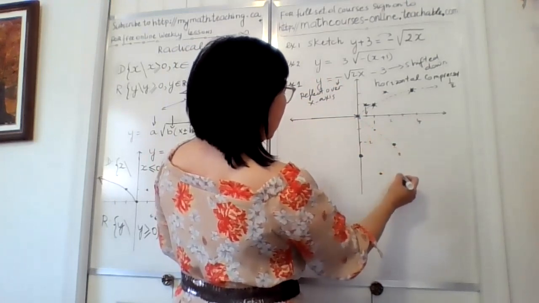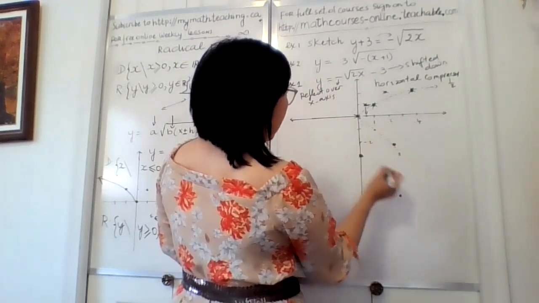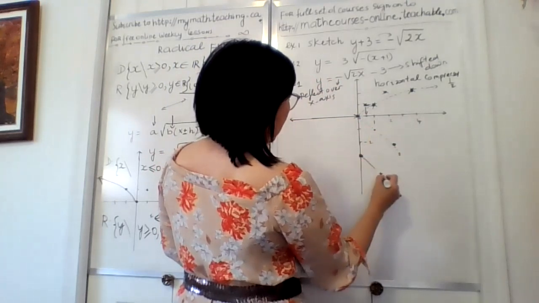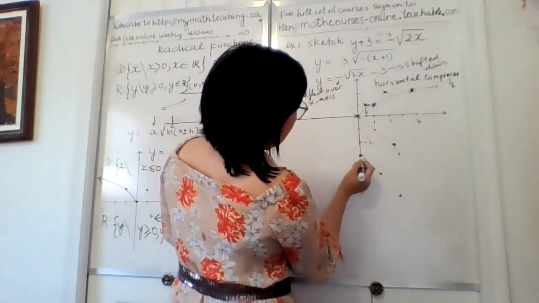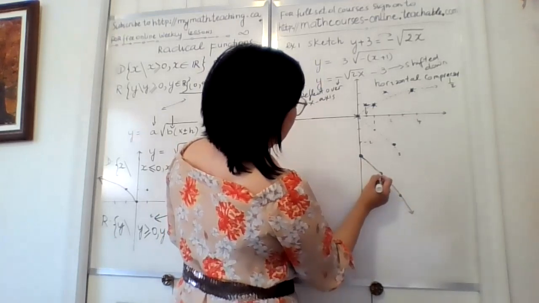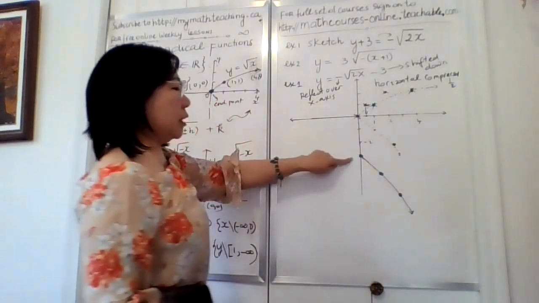This will move down 1, 2, 3. So at the end, our final radical function will look like this using the transformation sketching. So that's the shape of our radical function.